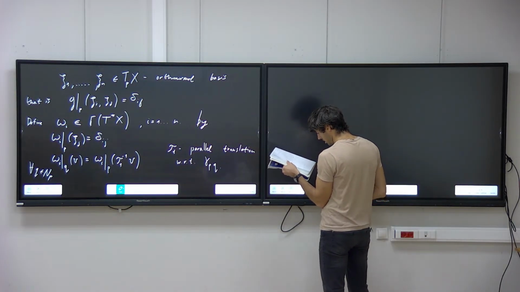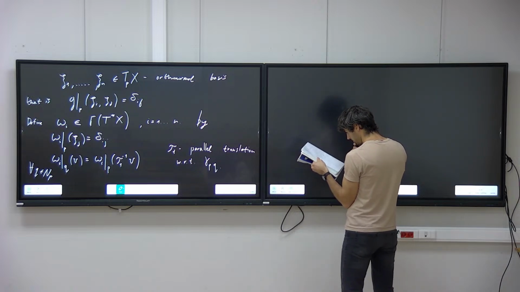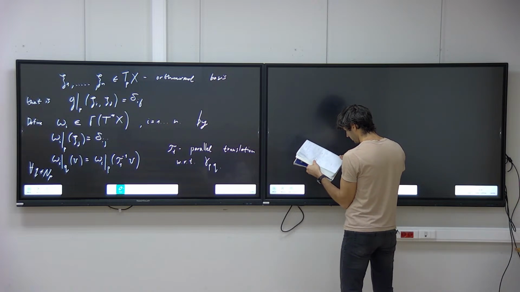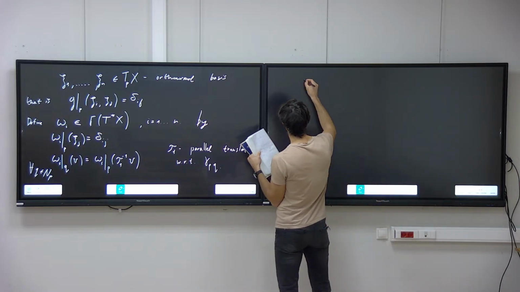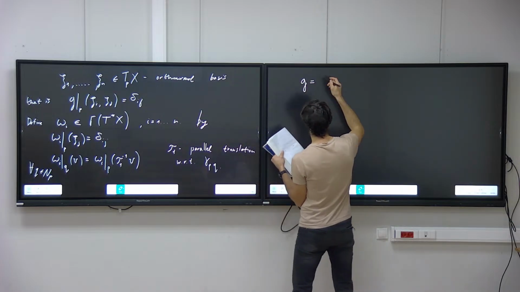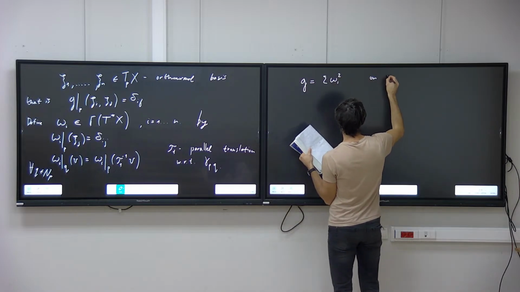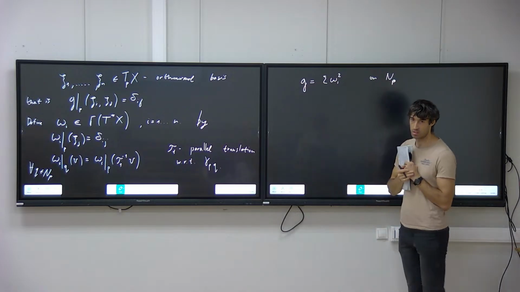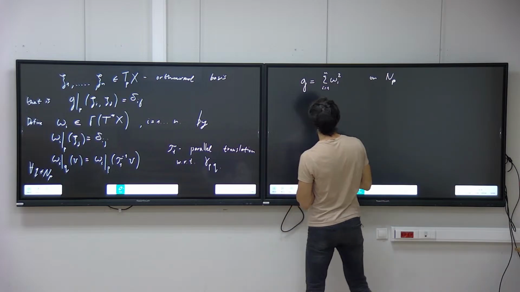Then, okay, I'm claiming that actually g is the sum over i from 1 to n of omega_i squared on N_P.